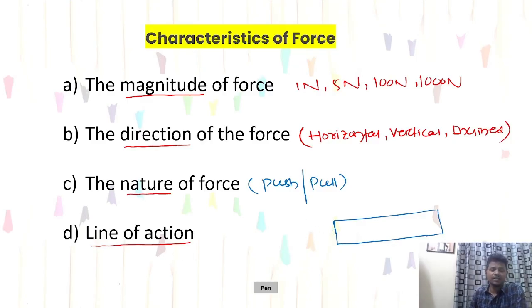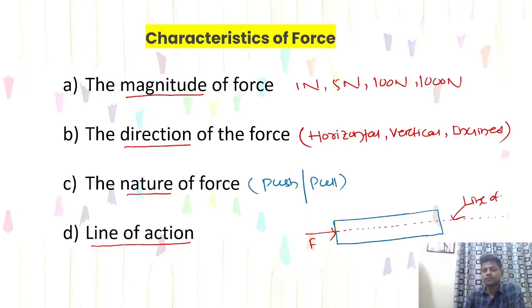What does it say? See, in the rigid body, if I have applied the force here, then this is the line of action. And if I have applied the force here, then what is the line of action? The line of action of the body will be this.